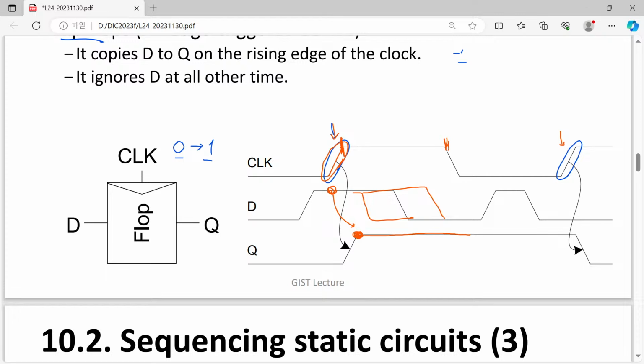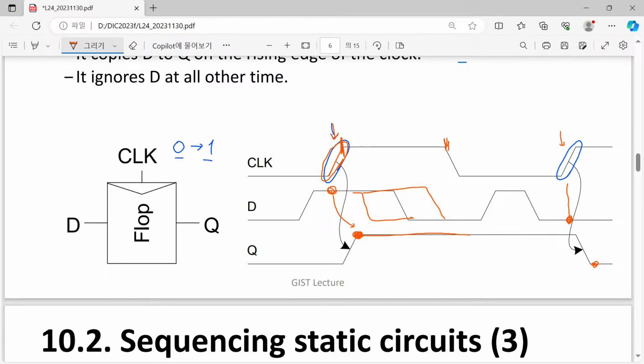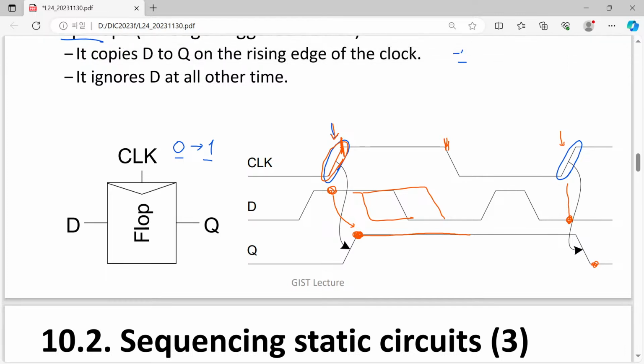So at this edge, we can find that its value shown here is 0. So it is now copied to the output with a certain delay. That will be the behavior of our Q. So similarly, the latch and flip-flop both take the value of D at a given time to the output Q. However, their sensing methods or sensing instances are different.